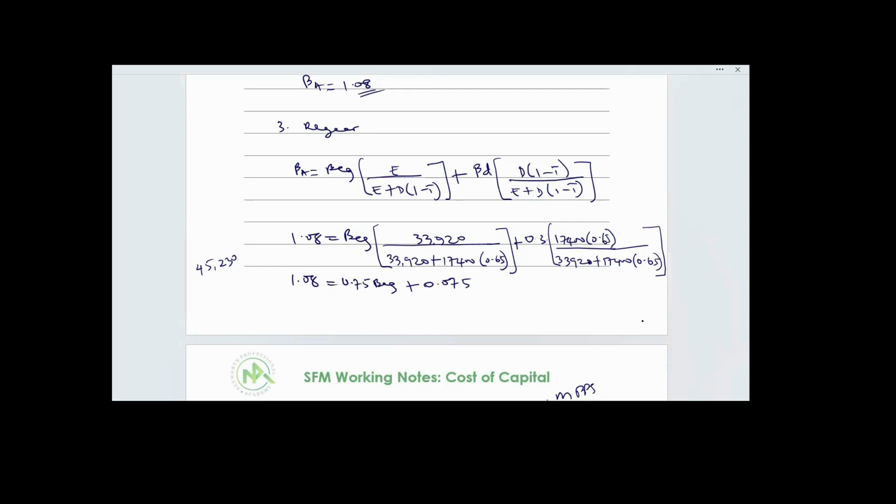To collect like terms, I would then say BEG equal to 1.08 minus 0.075 all divided by 0.75. Final answer.